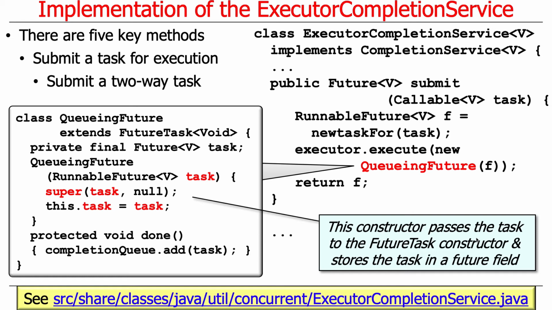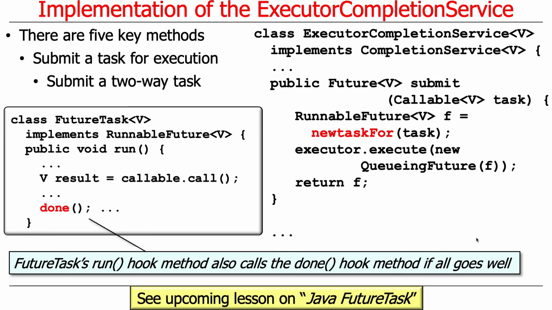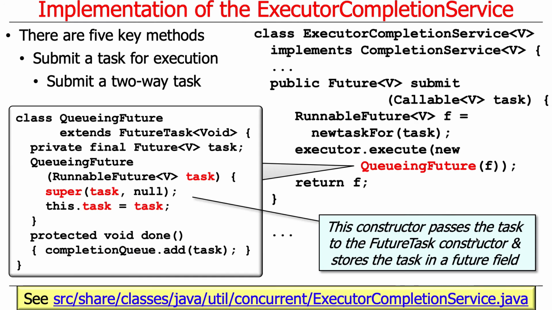A queuing future is a future task, and what it's going to do is take the runnable future, which is this guy, which came from this. It's going to pass that in as the parameter to the queuing future constructor, which will then turn around and store the task, this thing, in a local field.